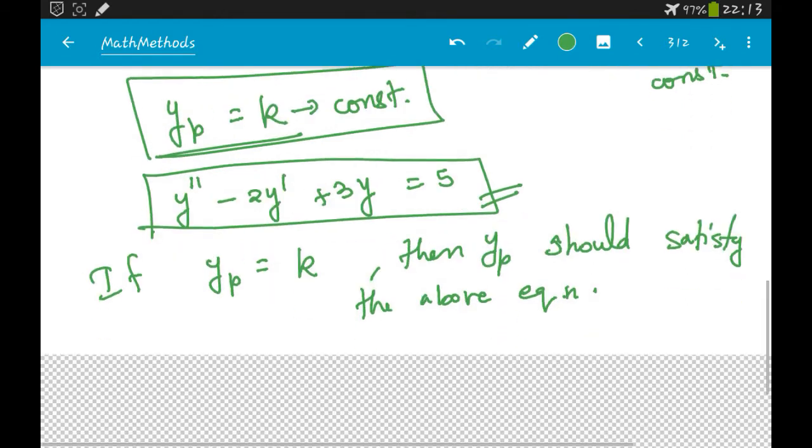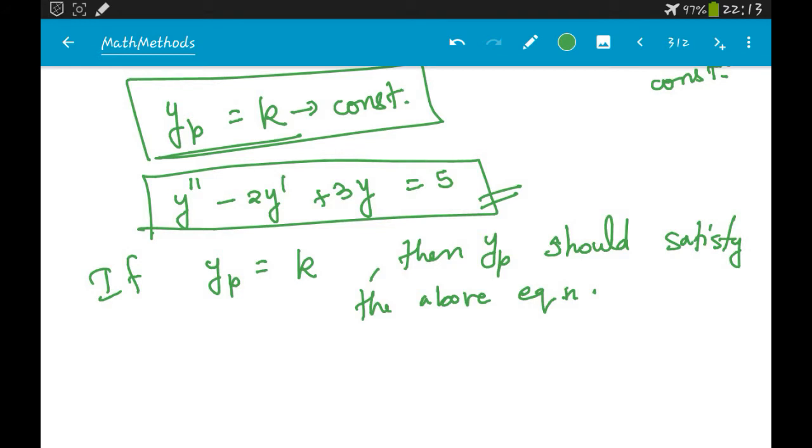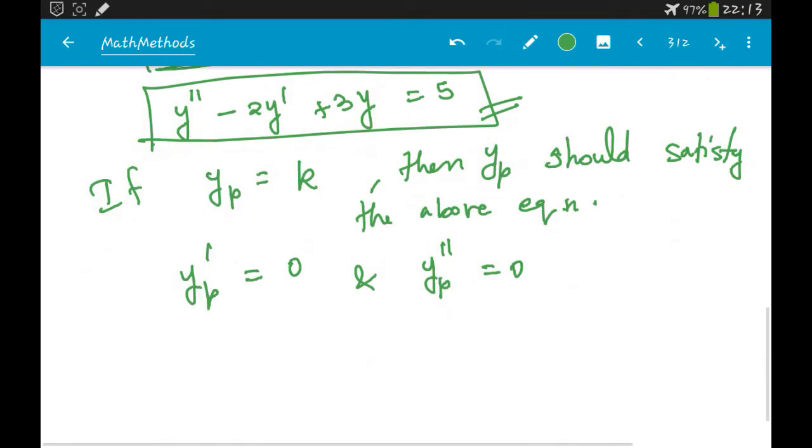Okay, so we can find out what it will be. If yp is k, then yp dash, the derivative of yp with respect to x, is going to be 0, and yp double dash is also going to be 0.